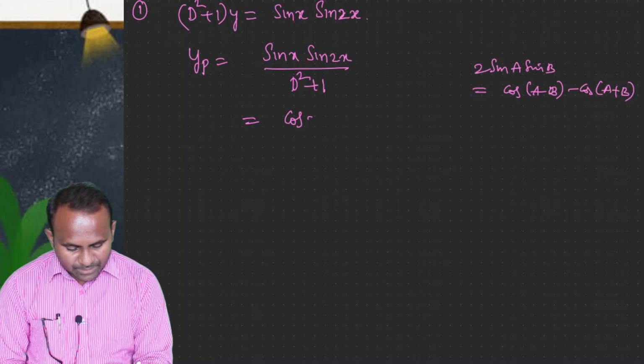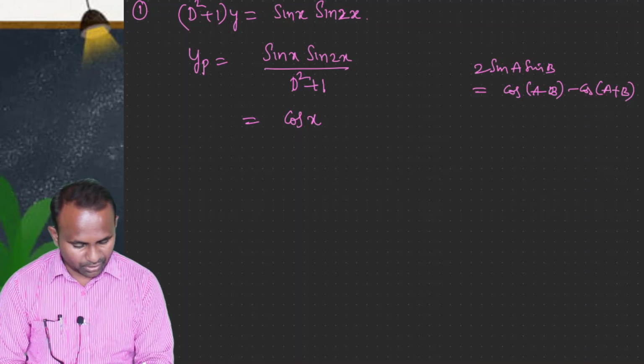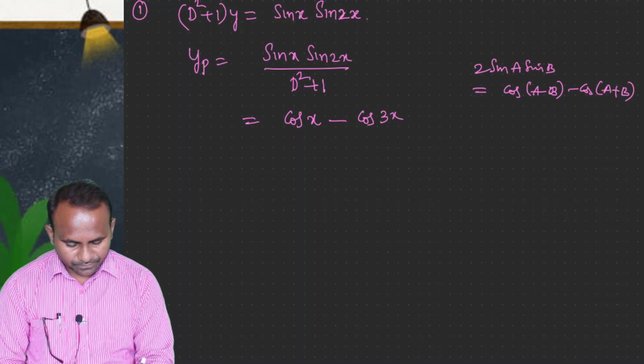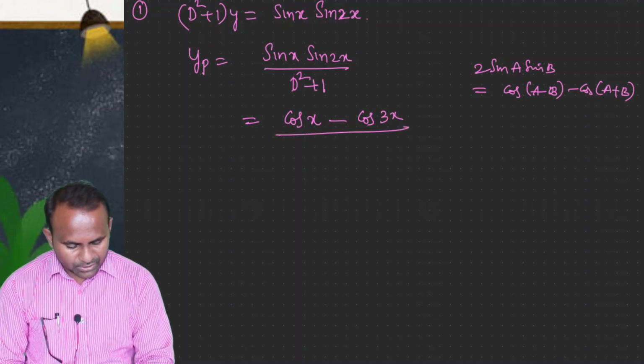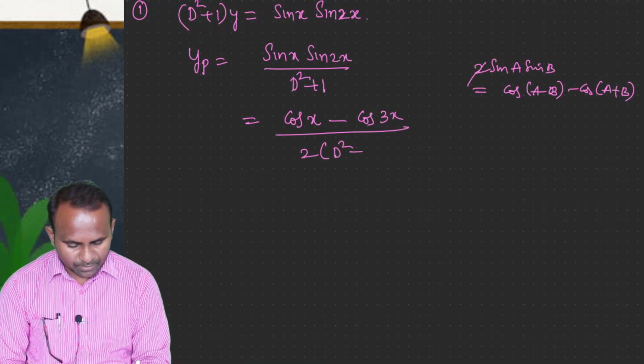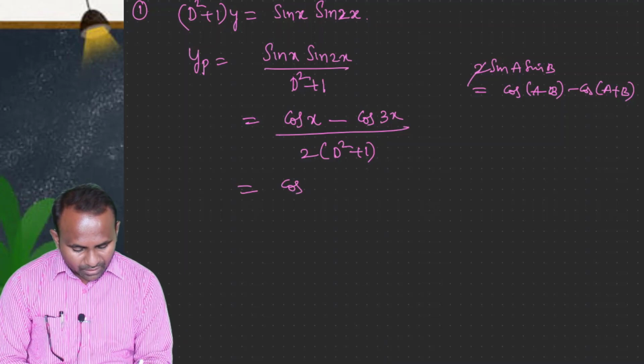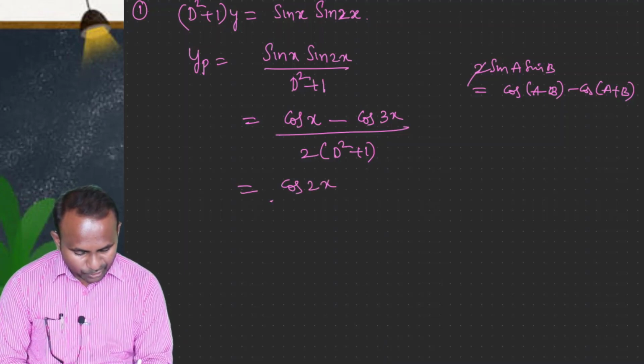Cos of A minus B is cos x, because x minus 2x is minus x, and cos of minus theta is cos theta, that you are all aware of, minus cos of 3x over 2 times d square plus 1.